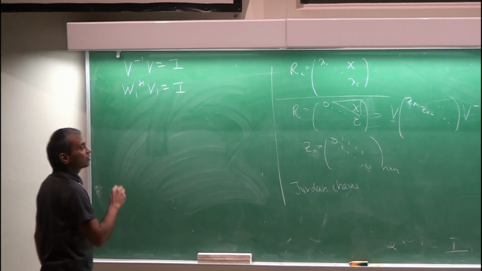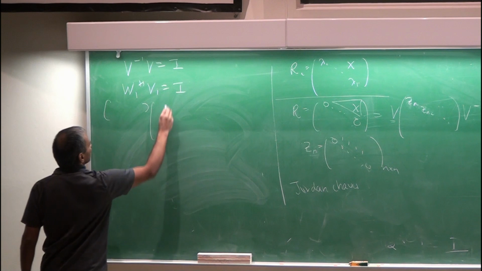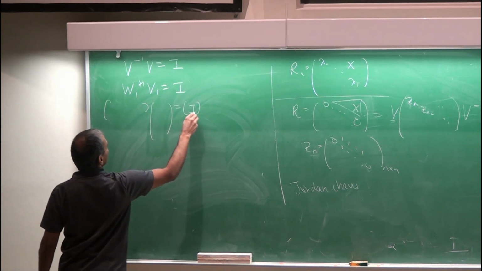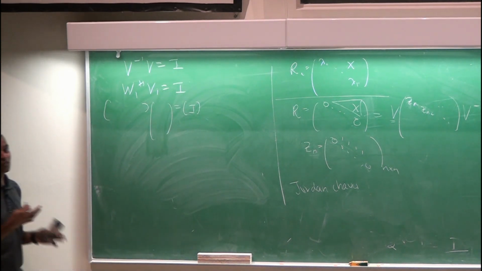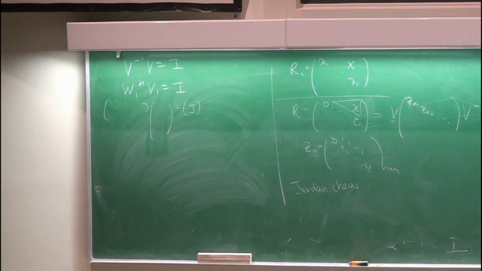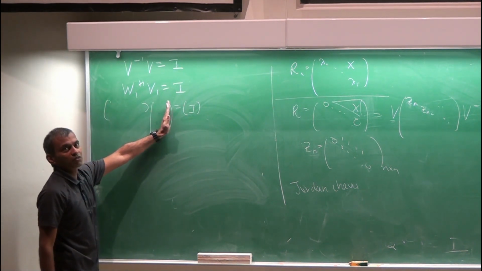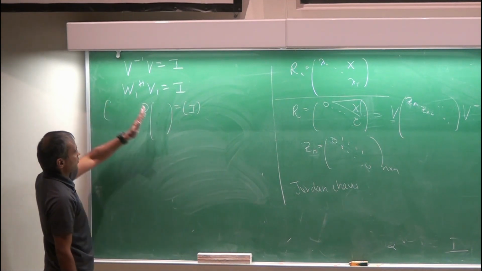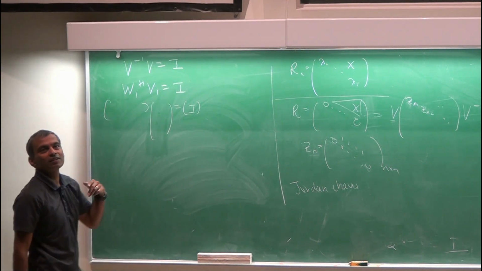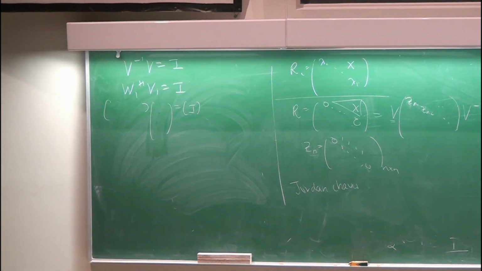So this is a fat matrix times a skinny matrix equal to a square identity matrix. This is called a dual basis. So the first row of W1 is perpendicular to the second and third columns of V1. The second row of W1 is perpendicular to the first and third column of V1, like that. So an orthogonality relationship holds.